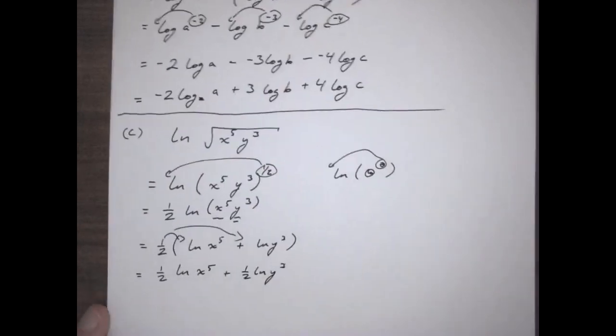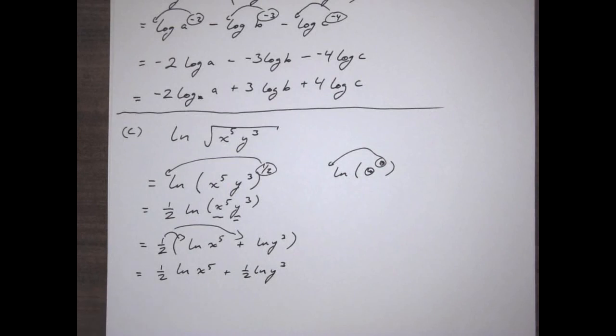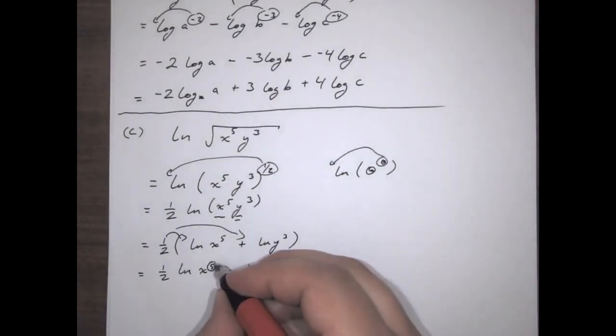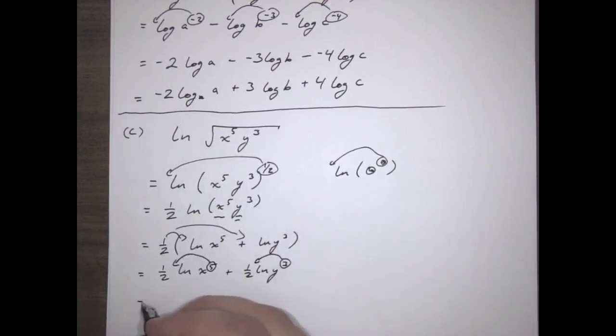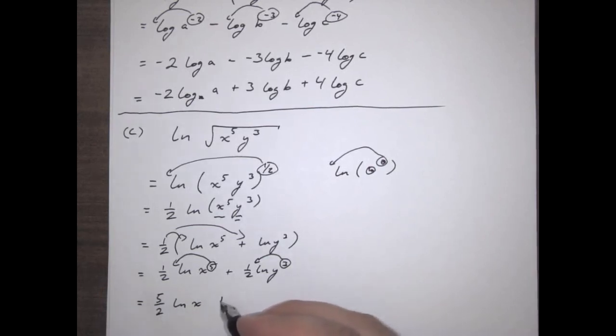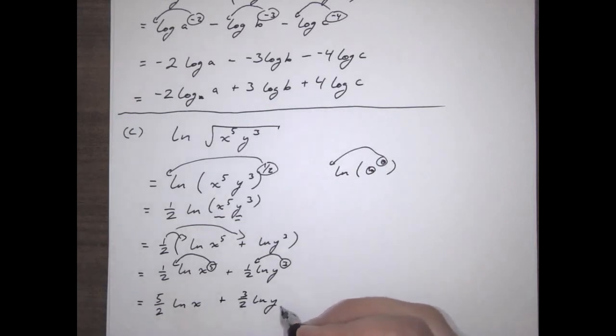So we're going to have 1/2 ln x to the 5th plus 1/2 ln y to the 3rd. But now, once again, here we are in a situation of having natural logs of exponents. So the exponents come down and they multiply. So it's going to be 5/2 ln x plus 3/2 ln y.